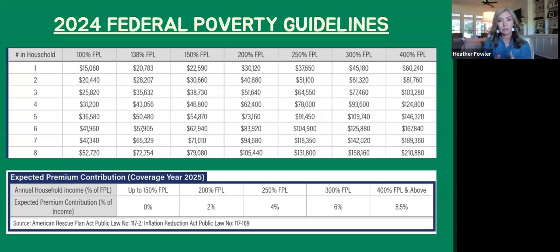So for plan year 2025, we're still working off of these 2024 poverty guidelines. And the reason I put this on here is because this just explains a little bit about, depending on their income, how much they're going to be expected to pay toward that premium. So I just wanted you to be aware of that.